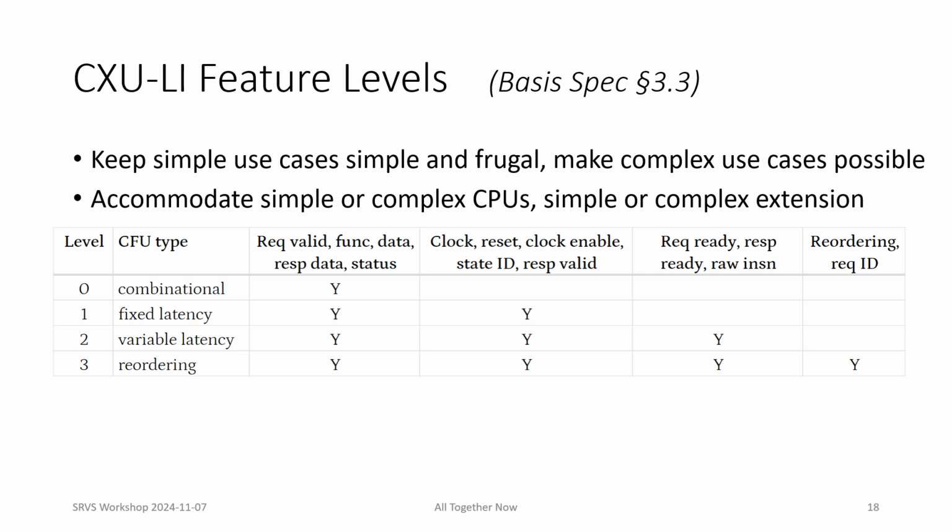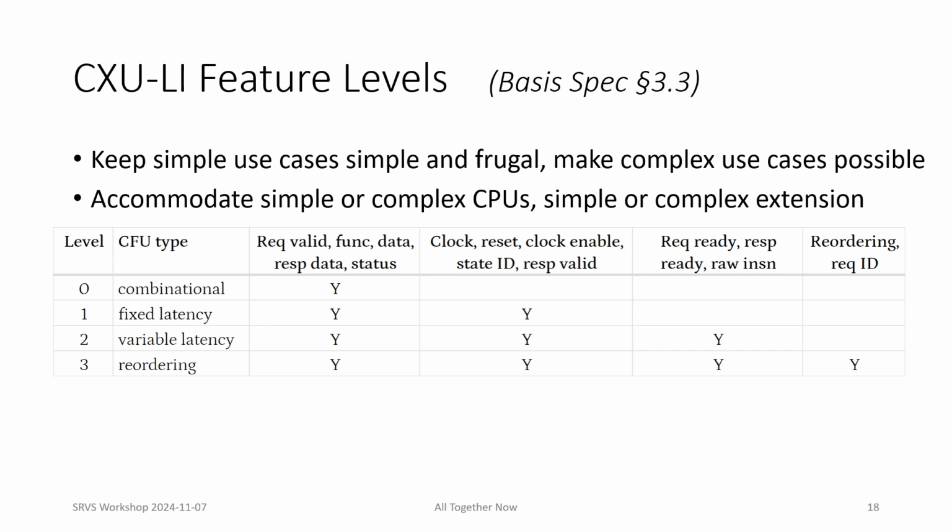So level 0 is a combinational CXU with ports signaling the requested CXU and function and data operands, and with response data and status. Level 1 is for fixed latency clocked CXUs, which add a clock, reset, clock enable, a state ID, and a response valid signal.